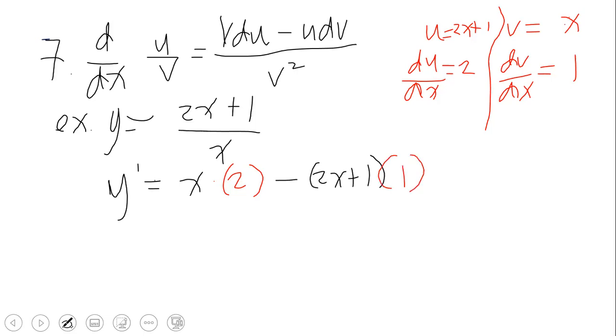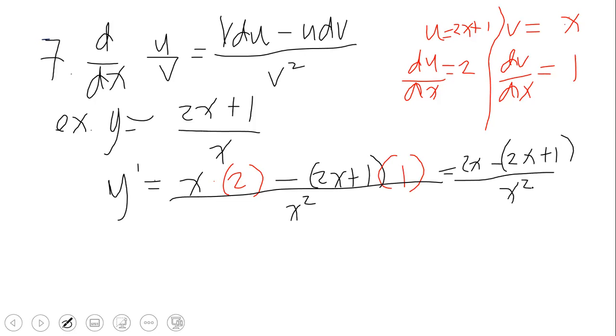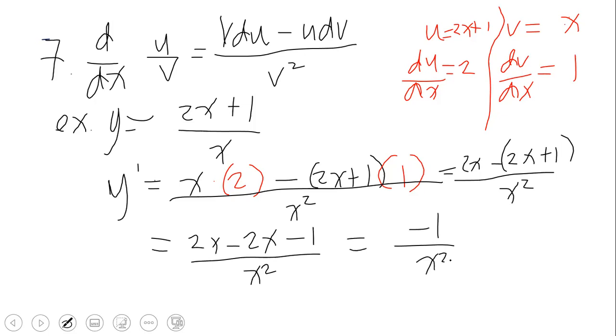Then don't forget yung nasa ilalim, which is v squared. So v squared, square yung denominator. So simplify natin, that will become 2x minus 2x plus 1, so all over x squared. So arrange natin. So that will be 2x minus 2x minus 1 over x squared, which is equal to negative 1 over x squared.